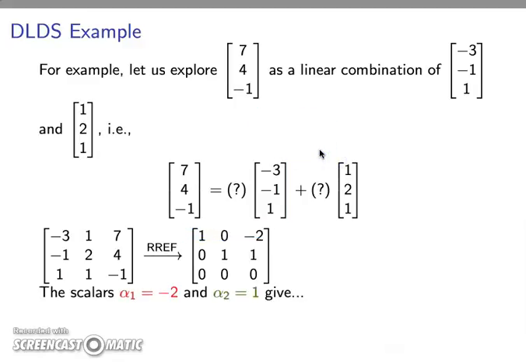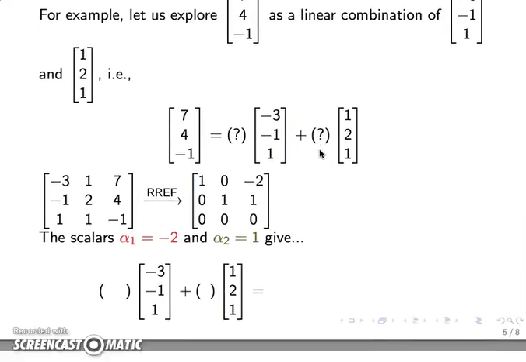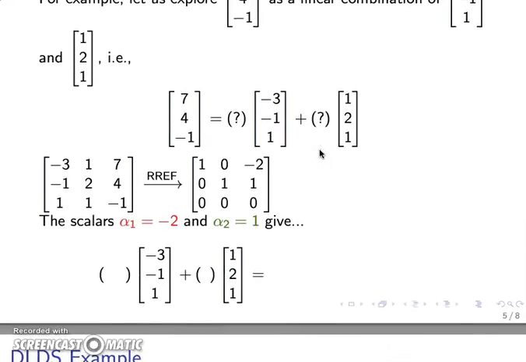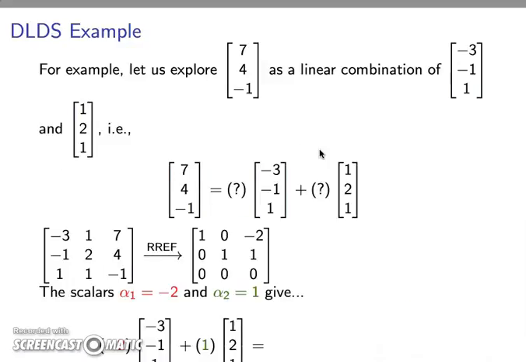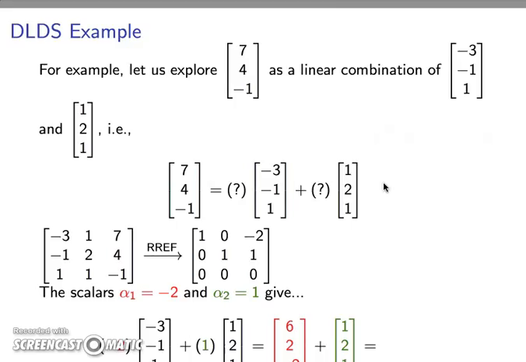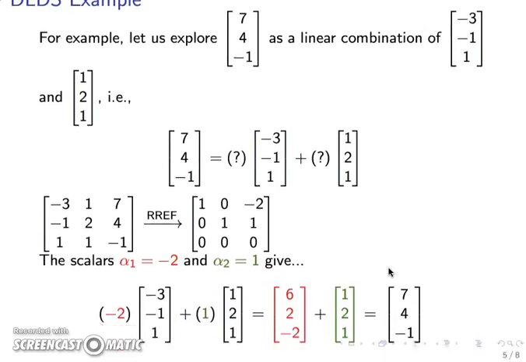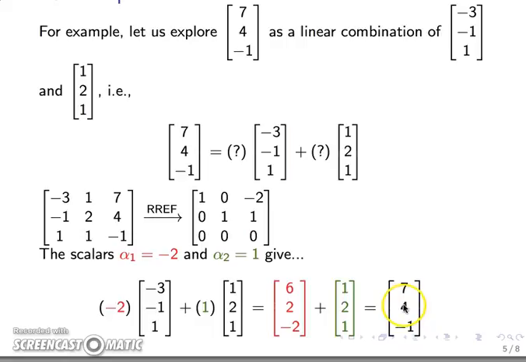So it's possible to find such scalars that give meaning to this linear combination. Those scalars are -2 and 1, and they make the linear combination 6, 2, -2 added to 1, 2, 1, and that indeed is 7, 4, -1.